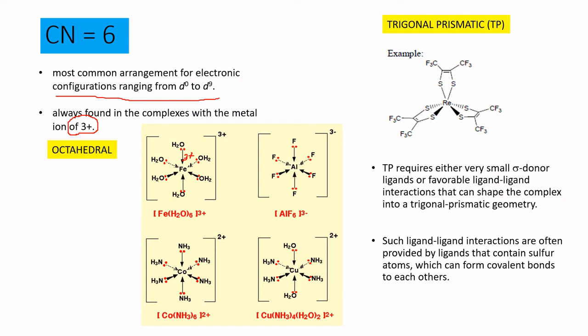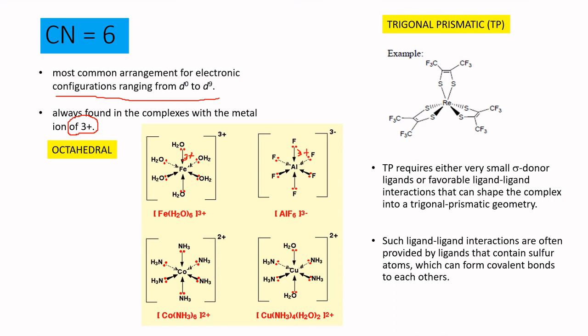And now we have aluminium. Aluminium is not a transition metal, but in this case we are just going to show that it can bind to 6 fluoride ions, and it is also 3+.